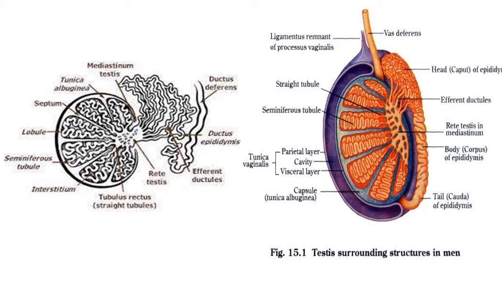Rete testis gives rise to 12 to 30 efferent ductules. Now there is one more important structure called epididymis, which lies almost adherent to the testis. Actually it's a coiled tube which is 20 feet, almost 6 meters long, coiled on the posterior surface of each testis and connects the efferent duct to the vas deferens.